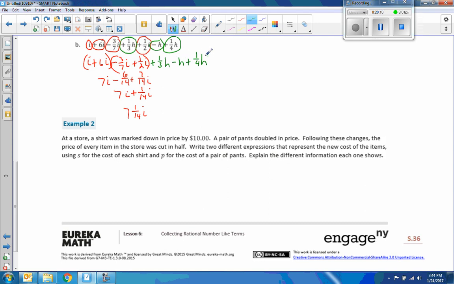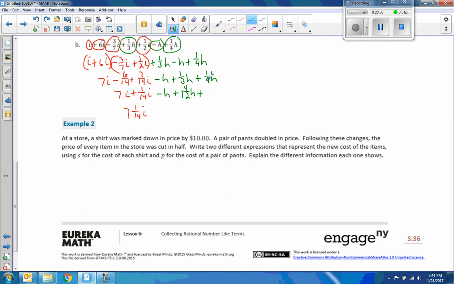Combine my fractions, so I'm going to rewrite this as minus h plus 1/3 h plus 1/4 h. I've got the one that's a whole number in front, and the two fractions together, so I can rewrite that as minus h. I have a common denominator of 12. I had to multiply 3 by 4, so top 4 times 1.